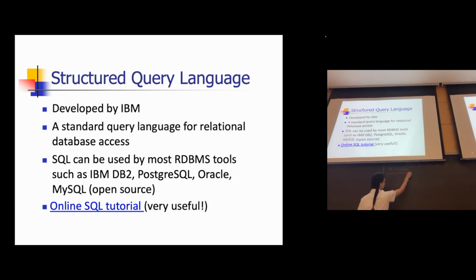For this part, we have explained different entities, different types of attributes, relationships, cardinalities, different types of relationships, and so on, right?